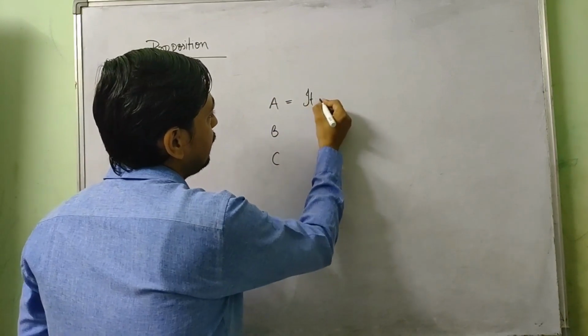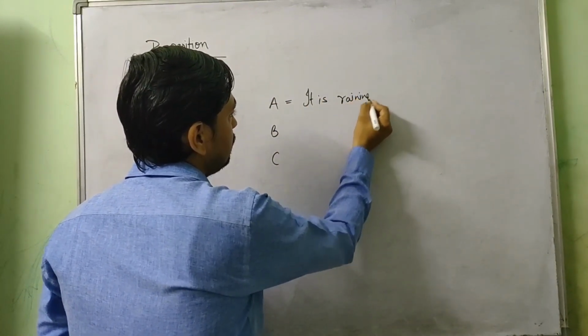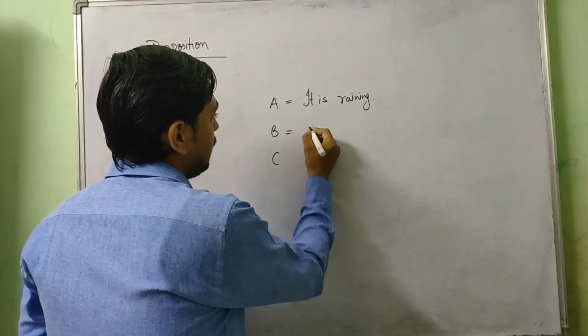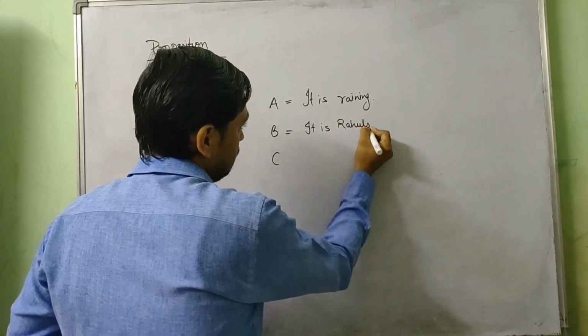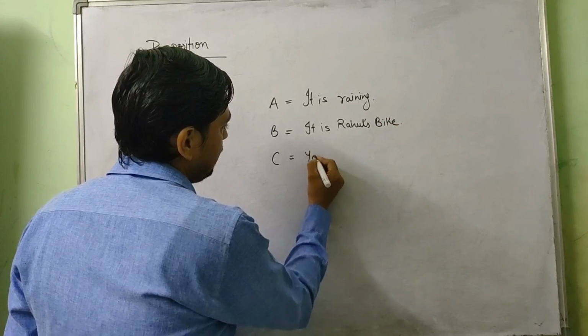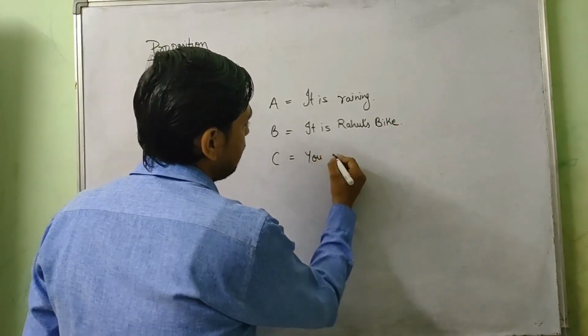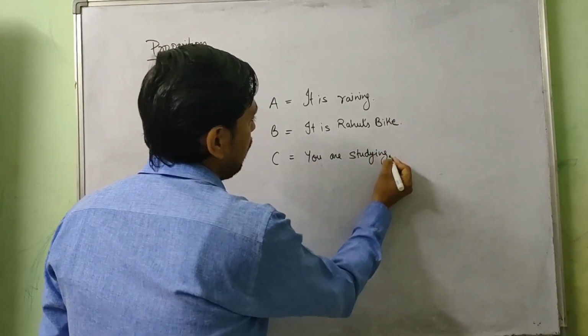It is raining. It is Rahul's bike. You are studying. Now all these can result in true or false.